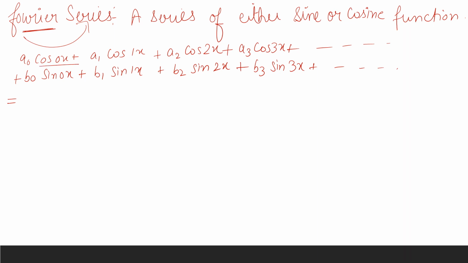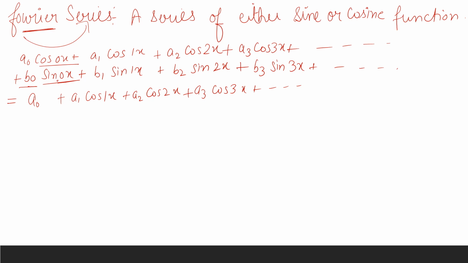When we add these terms, we get cos 0x. What is the value of cos 0x? That is 1, and then a1 cos 1x plus a2 cos 2x plus a3 cos 3x and so on. For b0 sin 0x, 0 multiplied by x is 0, so sin 0 will be 0, and this whole term will be 0 because these terms are multiplied with each other.